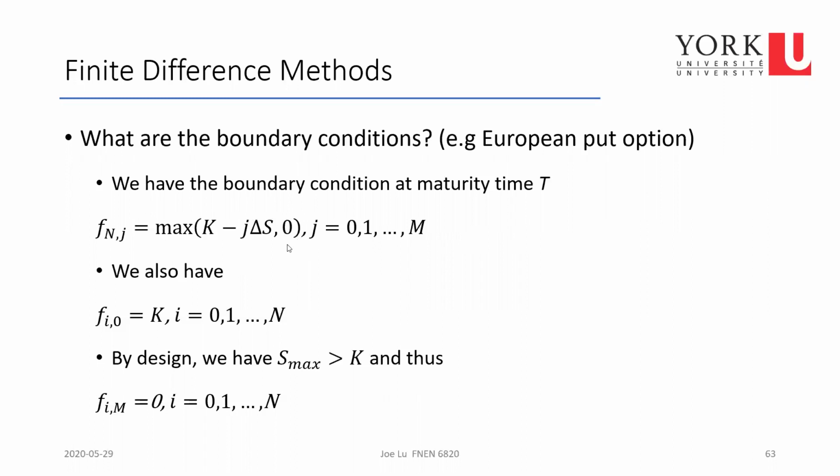S at any node is j times delta S. At the maturity time, S for node j is j times delta S. If K minus that is negative, the payoff is 0. This gives us the payoff of the put at maturity n, when i equals n, at the vertical node j.